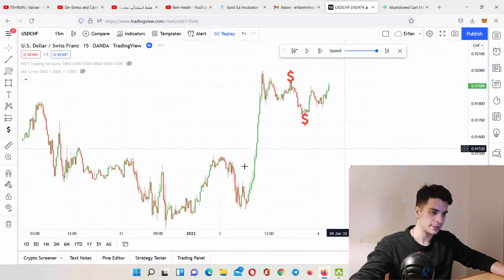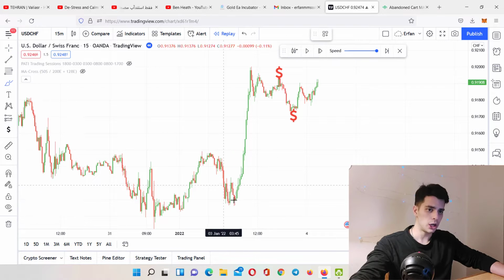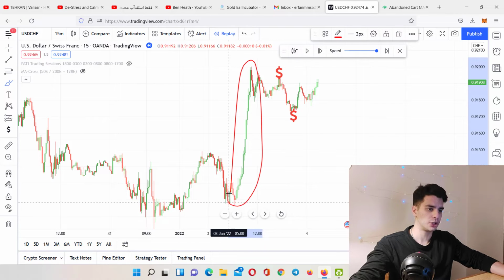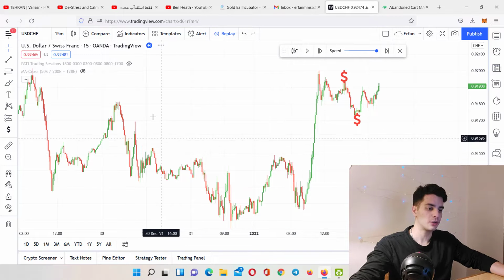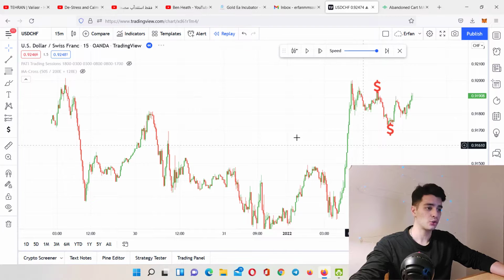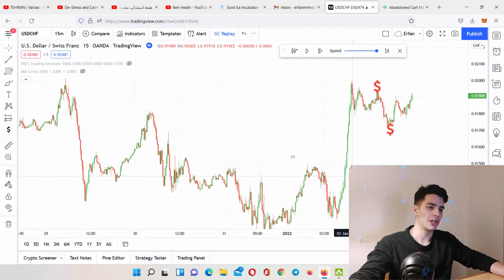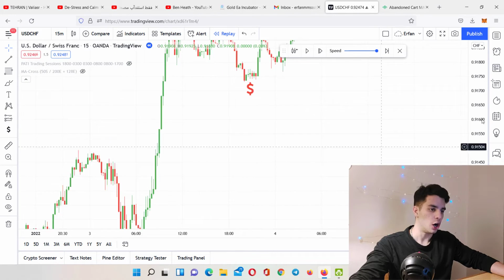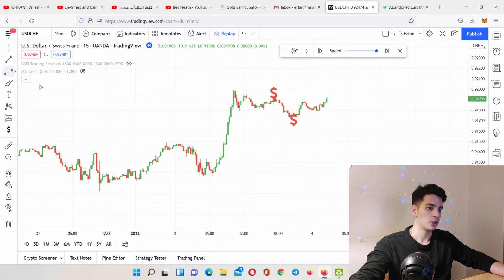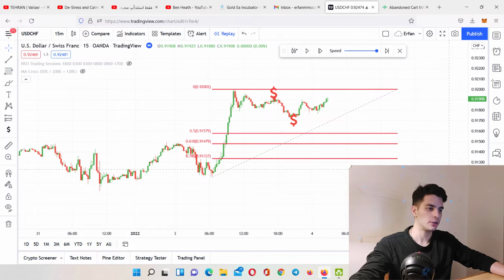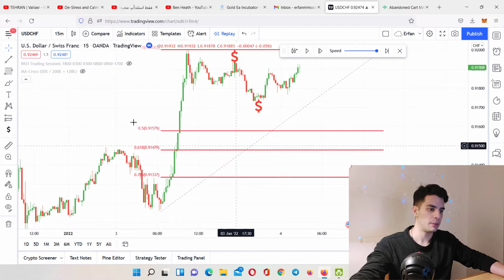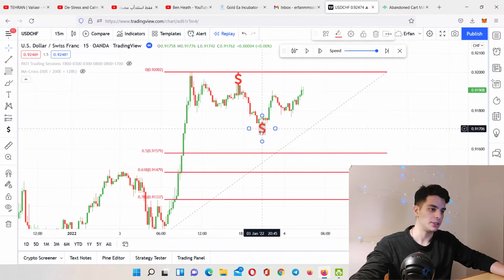But in this case, I noticed that we have a very strong bullish trend that had so many breakout structures. So it's definitely showing us that the market is trying to change the trend and going towards upside, and this is exactly what's happening. So what you could do is draw your Fibonacci level from here all the way to here, and then you just wait for the price to tap into this golden zone, and then you can probably take your trade.